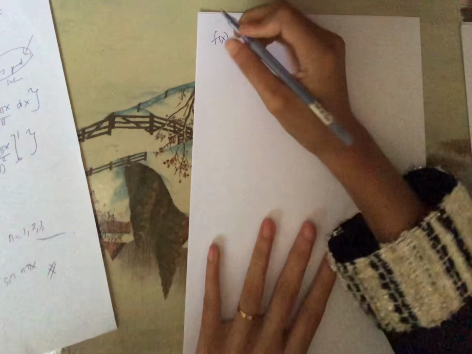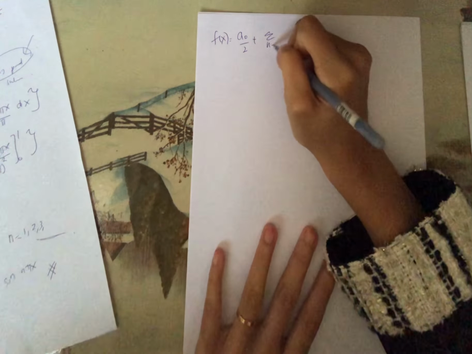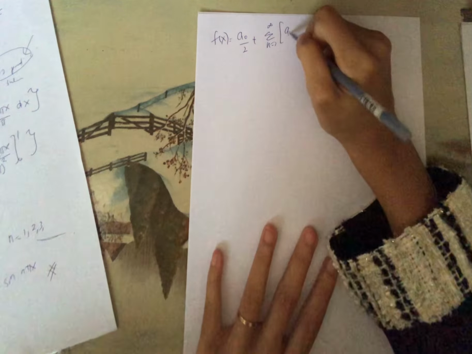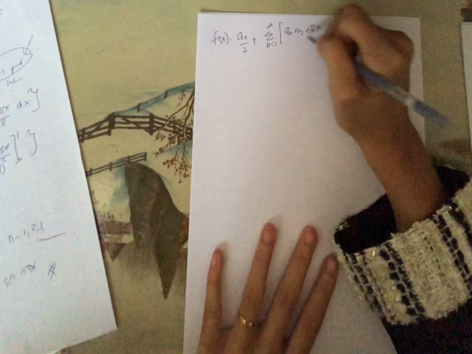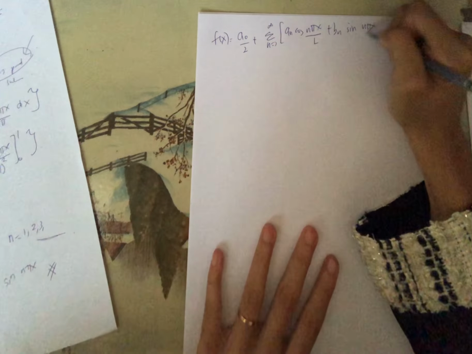It is a naught over 2 plus the summation from n equals 1 to infinity of an cos n pi x over L plus bn sin n pi x over L.